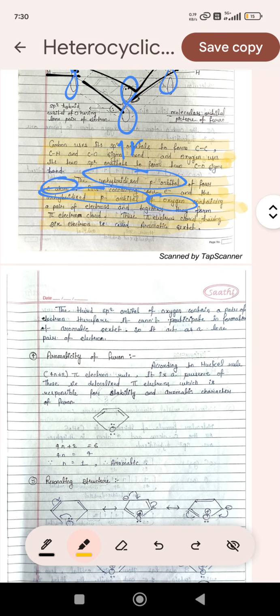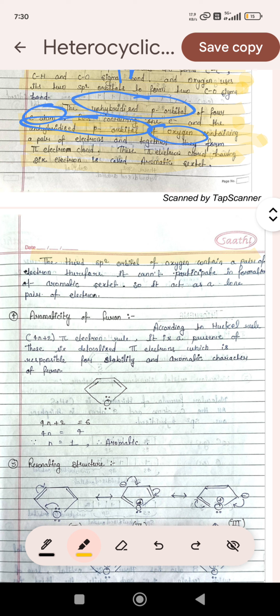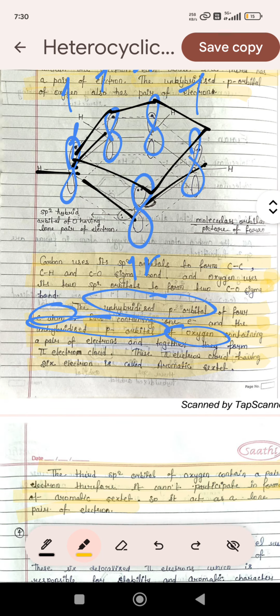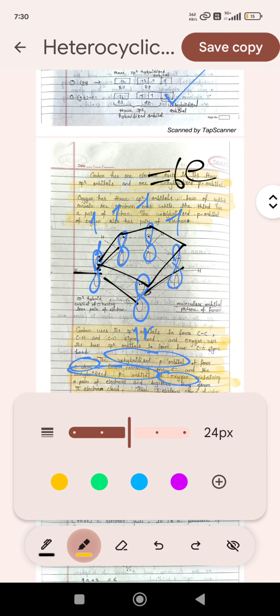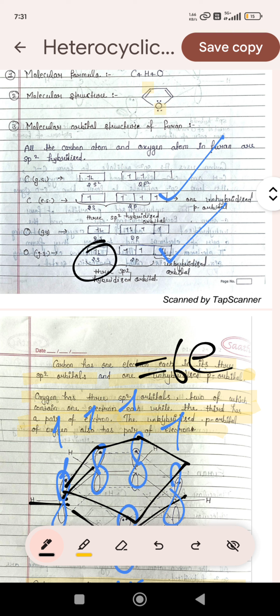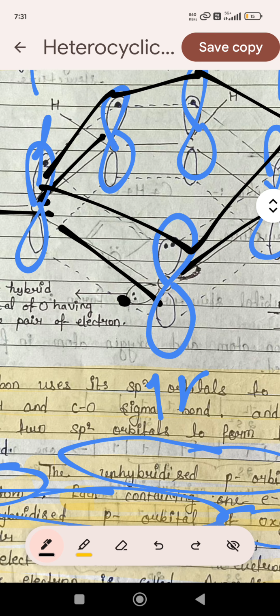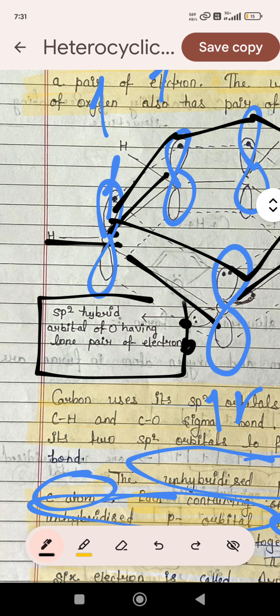Next, the third sp2 orbital of oxygen contains a pair of electrons, therefore it cannot participate in the formation of the aromatic sextet, so it acts as a lone pair of electrons. Here it is mentioned: the sp2 hybrid orbital of oxygen has a lone pair of electrons.